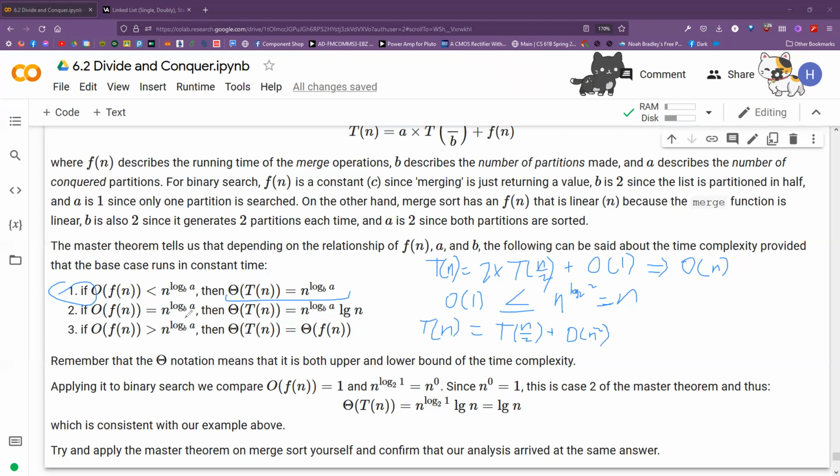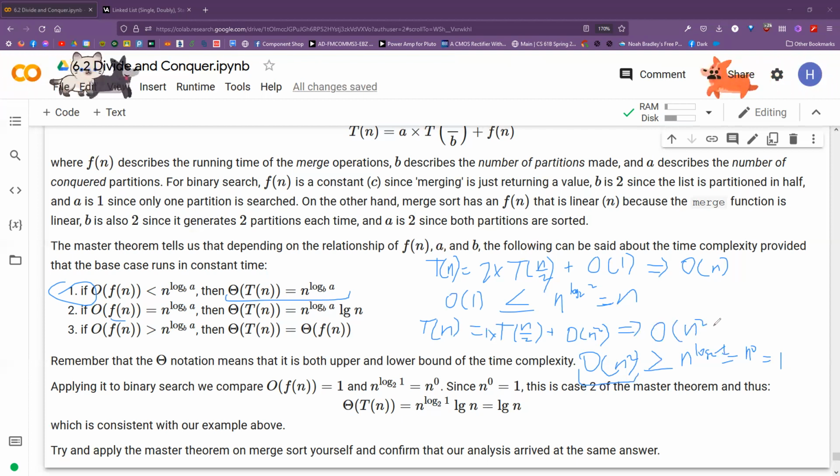When we compare yung ating f of n, O of n squared, we compare it with n to the log base b of a. So log base 2 of 1 for this example. So yung ating right-hand expression is n to the 0, which is equal to 1. So this is obviously smaller than n squared. So this one simplifies to big O of n squared.